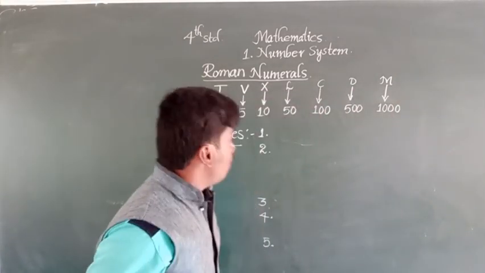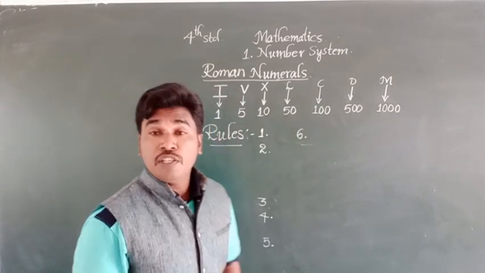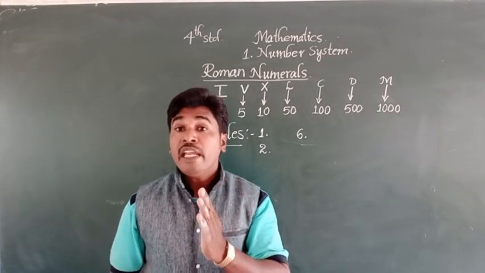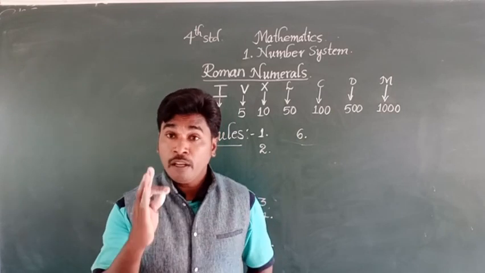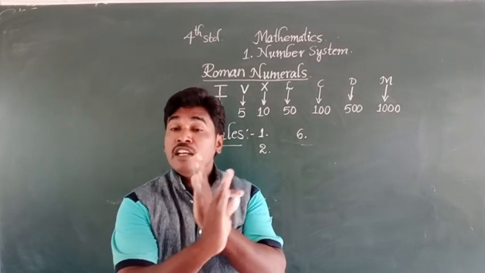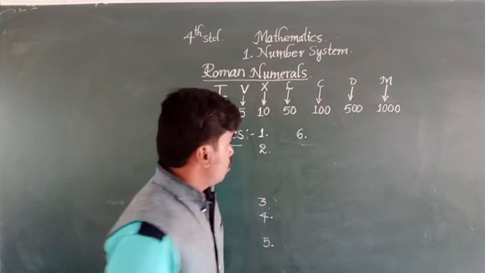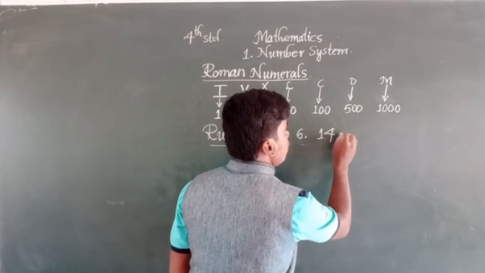Sixth rule: it is very simple. One smaller number is in between two greater numbers. How to do? What to do? For example, 14. How to write 14?